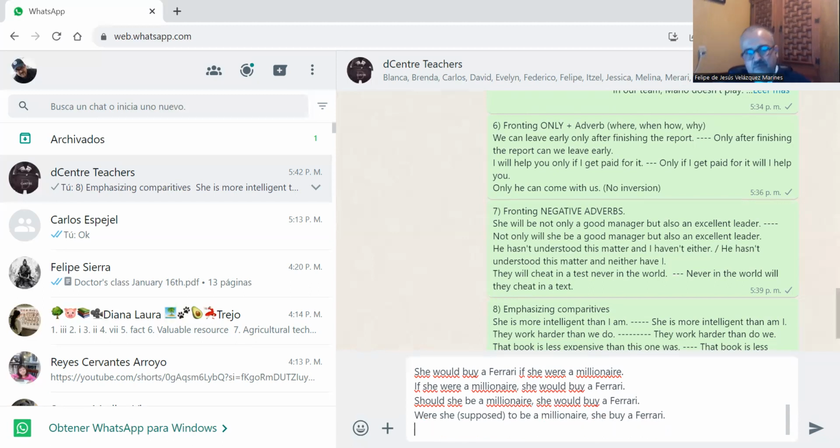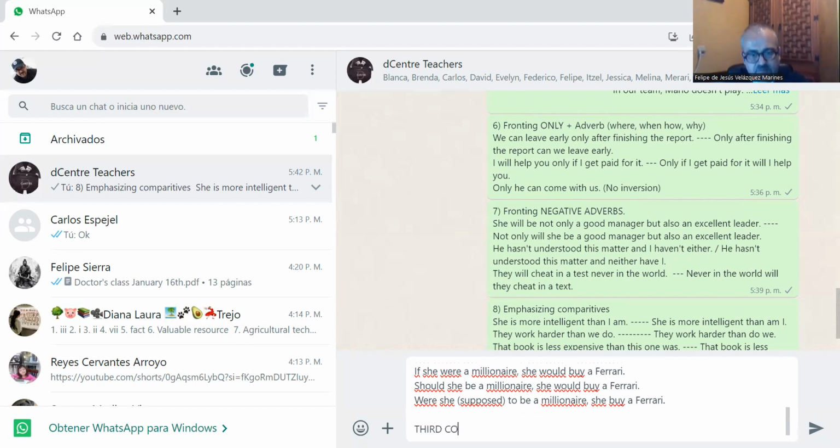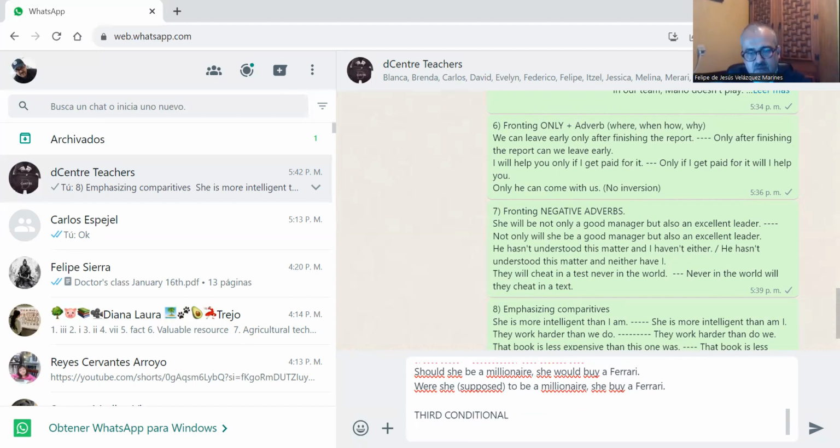Third conditional is simple. Just eliminate if and move had at the beginning. Yes, third conditional. So Peter wouldn't have become a hero if he hadn't been bitten by a spider.